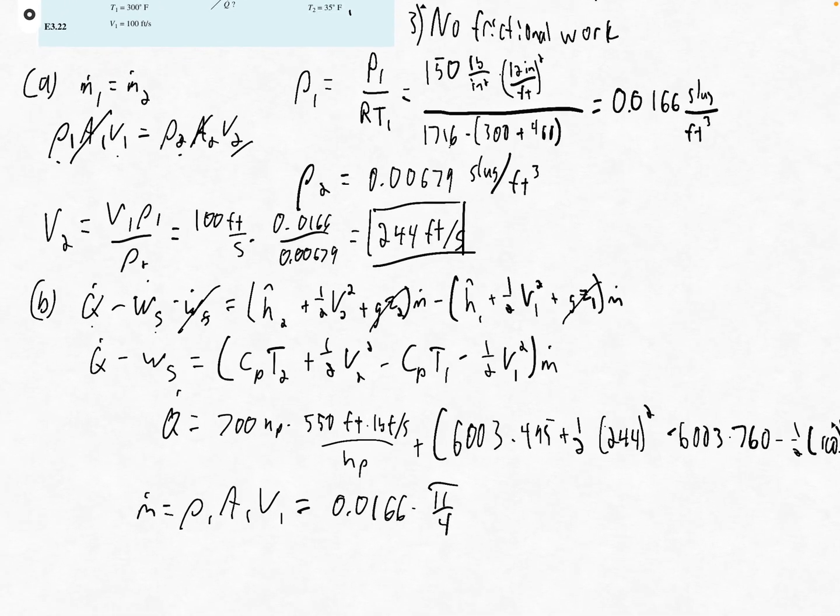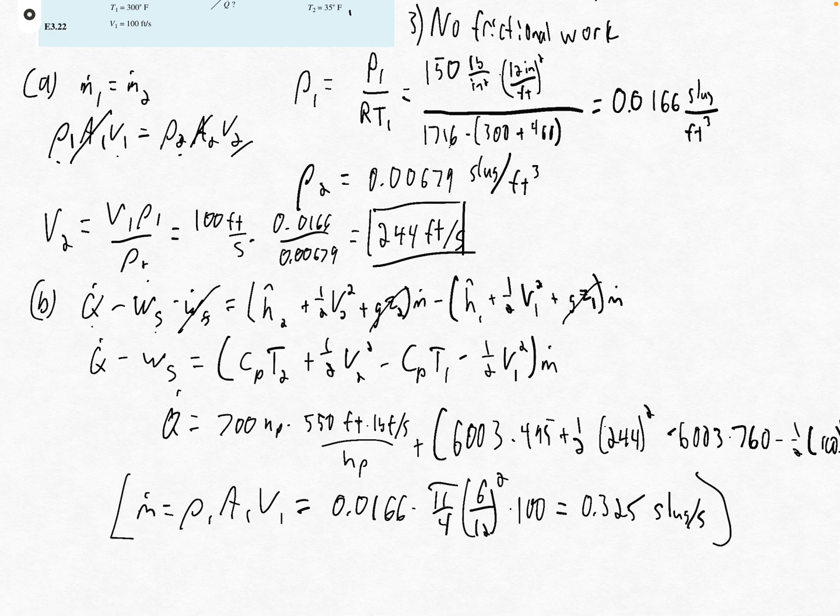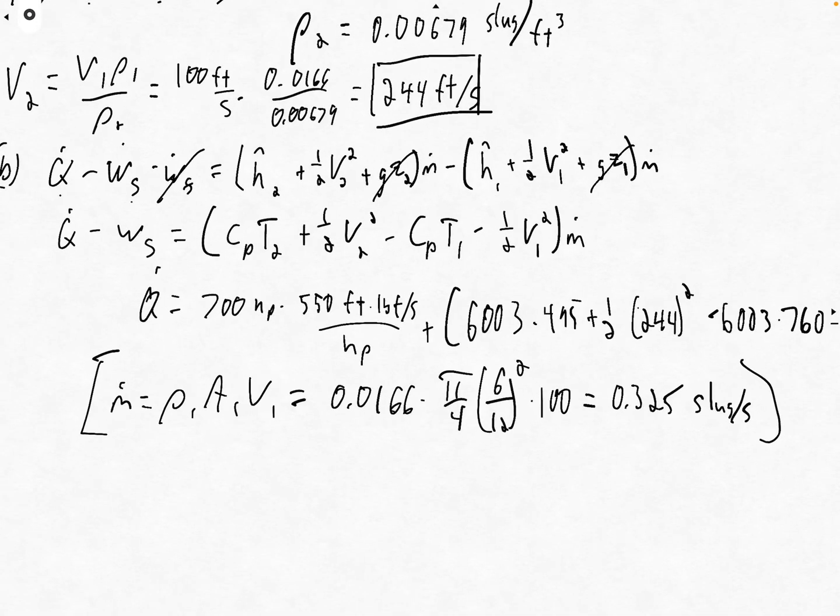We want this in feet. So this is going to be 6 over 12 squared times 100. And this is 0.325 slugs per second. So we have that little aside. With that, we can now go ahead and plug in the rest of our values for this.